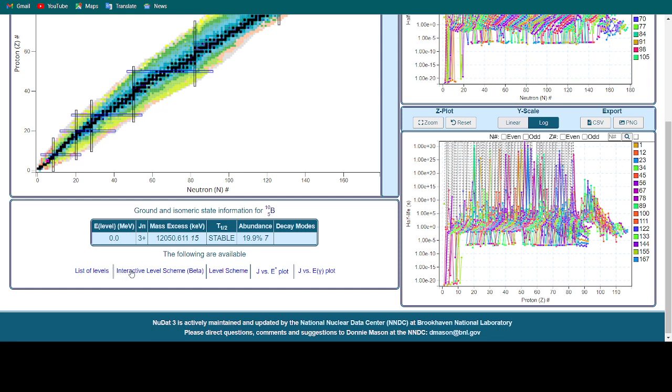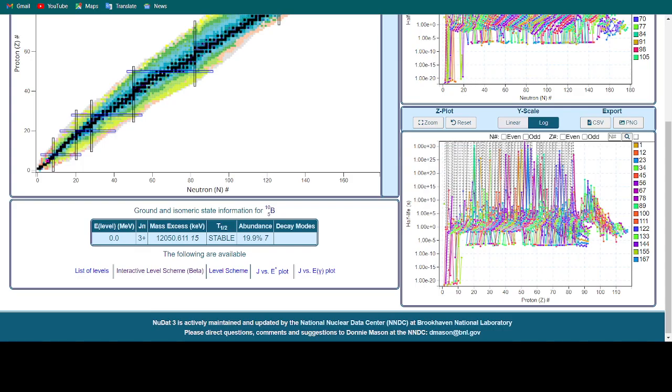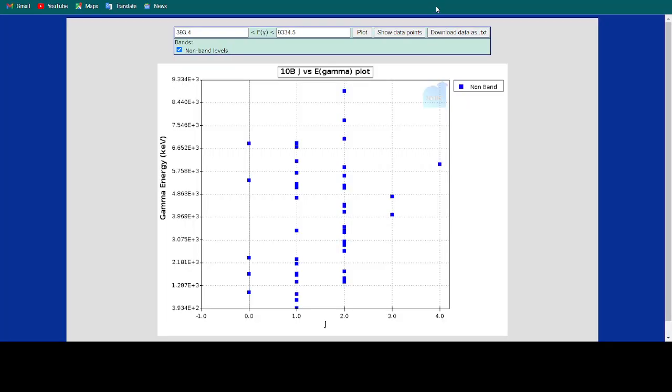If you want to see the level scheme, then just click over here, and you will get to see the level scheme also. If you want to see the J versus E gamma plot, then you can see the gamma energy versus J, that is the total angular momentum plot.